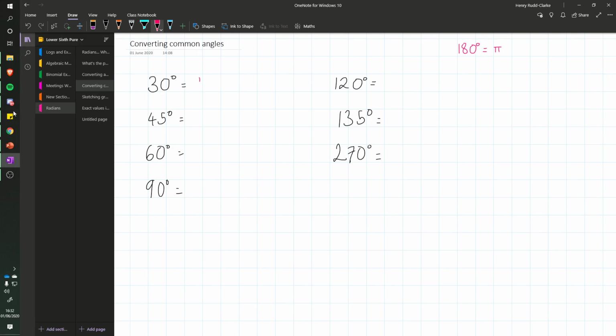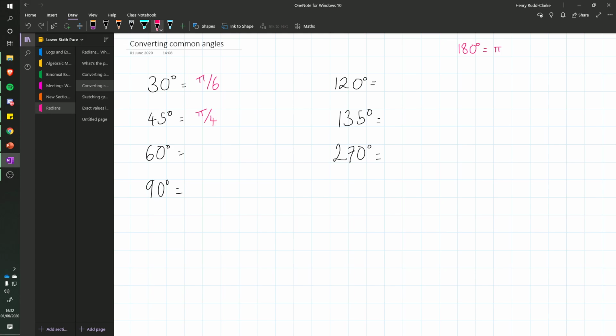30 degrees is pi over 6. 45 degrees is pi over 2. Pi over 2? It's not pi over 2, it's pi over 4. Blimey, still on half term in the brain.